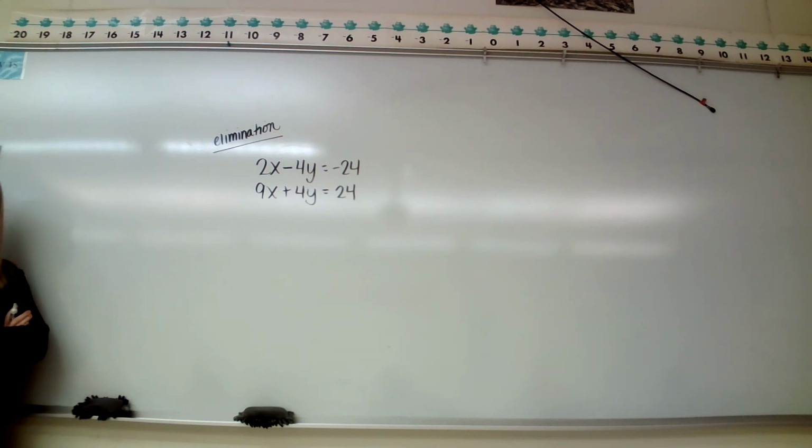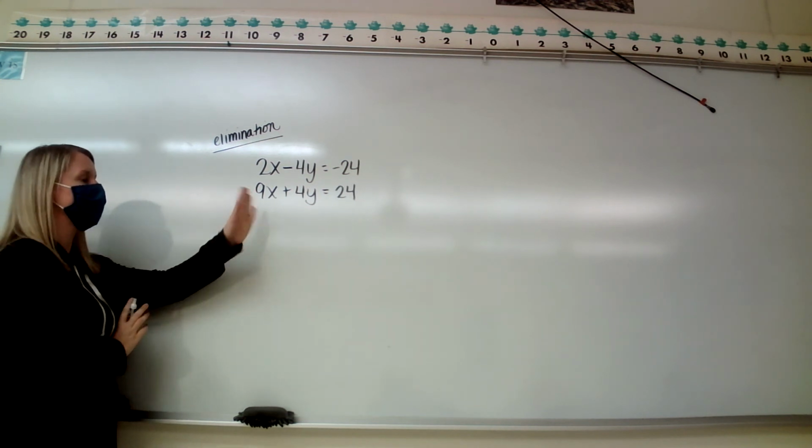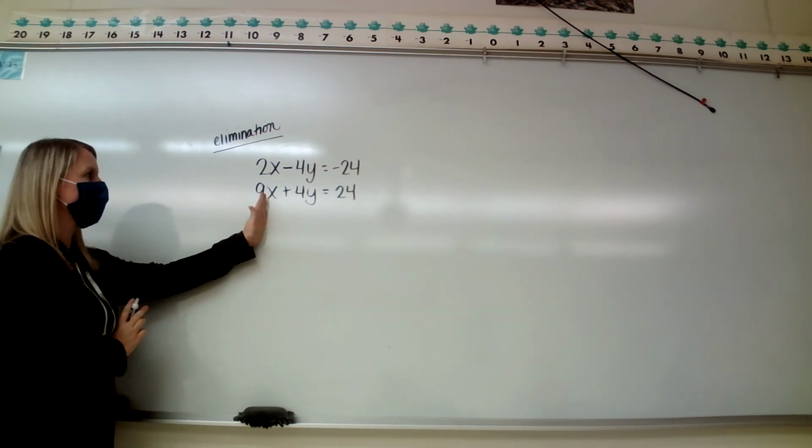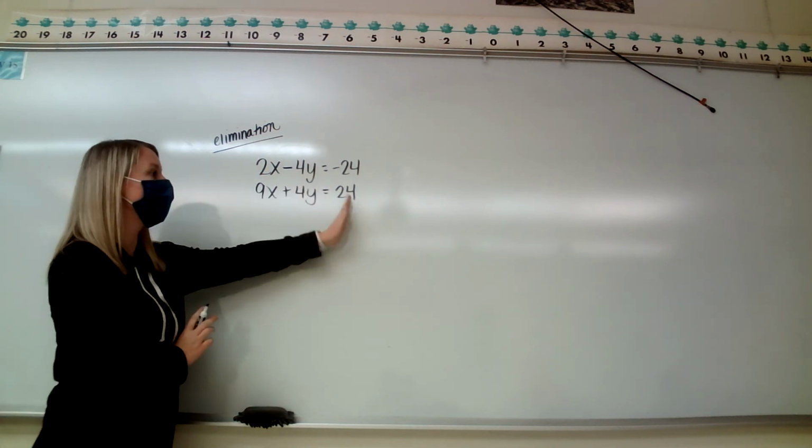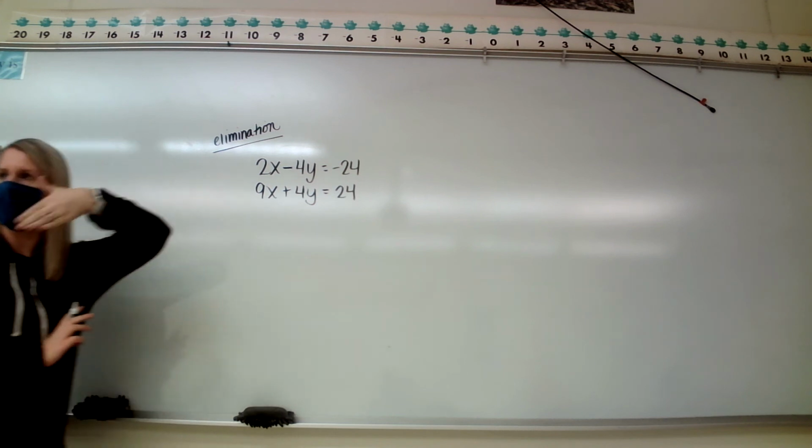Elimination is exactly what it seems like. We are going to eliminate something as the first step. For elimination, you want everything lined up: the x's, the y's, the equals, and the constants.